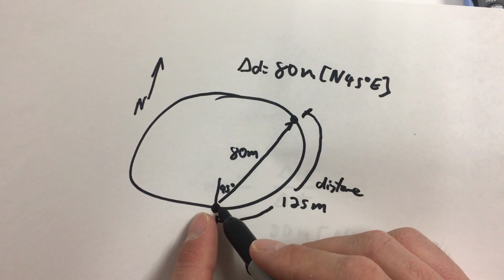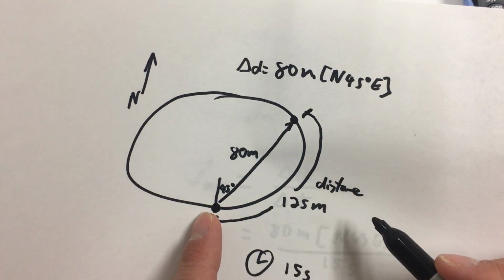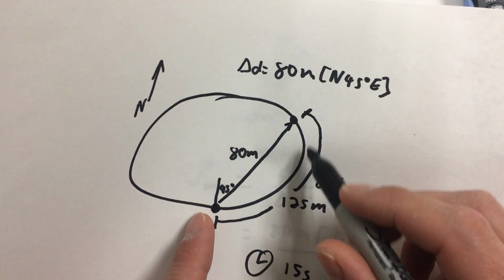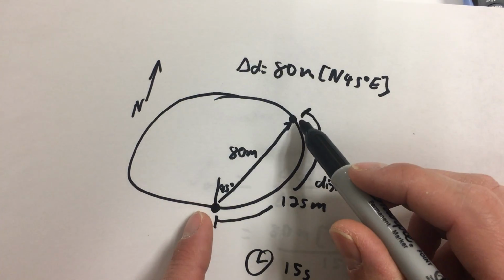Our athlete starts here and runs at a speed of 8.3 meters per second along a curve. And in 15 seconds, they've run a distance of 125 meters.